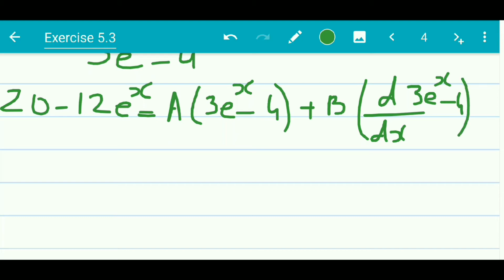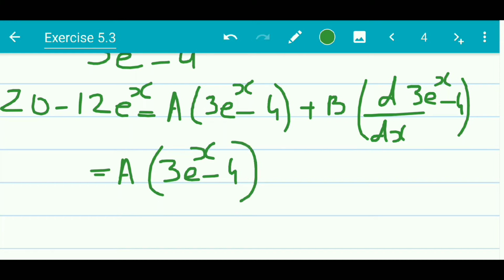Okay, then the RHS, the first term remains as it is. And the second term becomes this way. The derivative of 3 e raised to x is 3 e raised to x itself. So we get 3b e raised to x, and minus 4 has become 0.